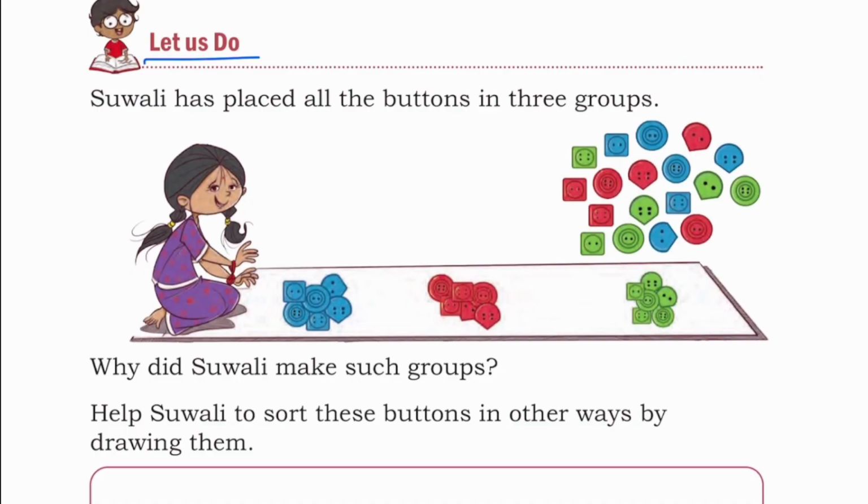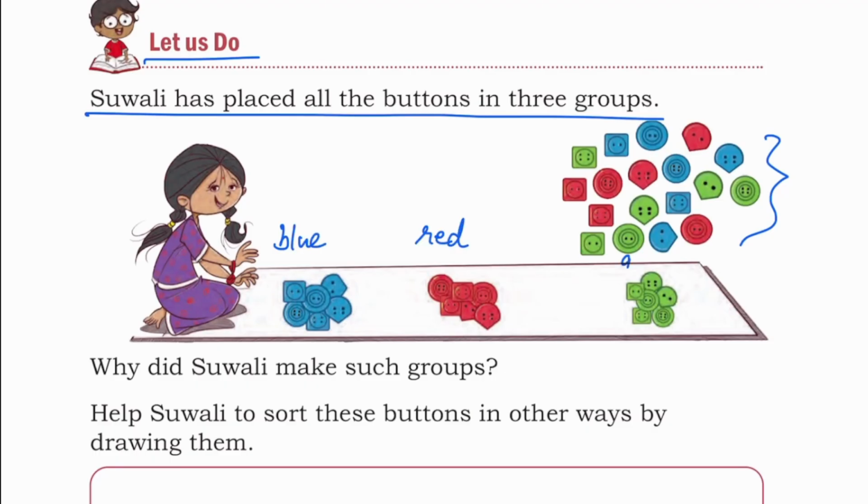Let us do. Suali has placed all the buttons in 3 groups. You can see Suali has grouped these buttons into 3 groups based on color. You can see blue color buttons here, red color buttons here, and green color buttons here.